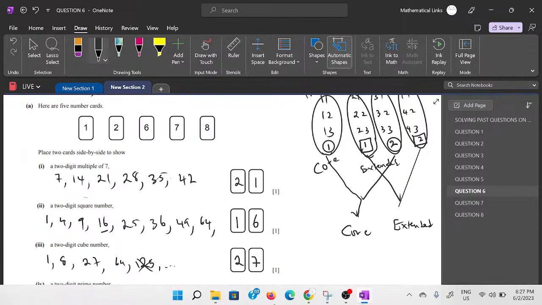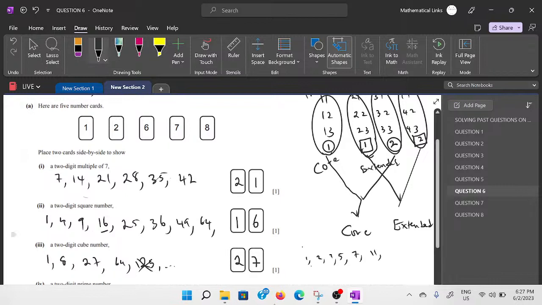If you want to form the prime numbers, you have 1, you have 2, 3, 5, you have 7, you have 11. So you cannot form 11 because you only have one card for 1, and you cannot repeat it.